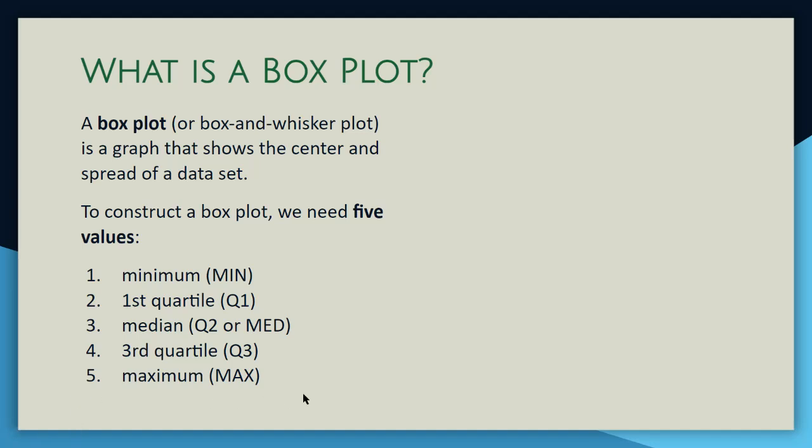You can see that all 5 of those numbers are also something we know how to calculate by hand, and the worst calculation we could possibly see is adding 2 numbers and dividing by 2. This type of graph and these types of numbers are easy to do on the fly. If you're out in the field and you're trying to get a quick sense of what your data looks like, this is something you can easily sketch on a scrap of paper without needing a whole lot of tech.